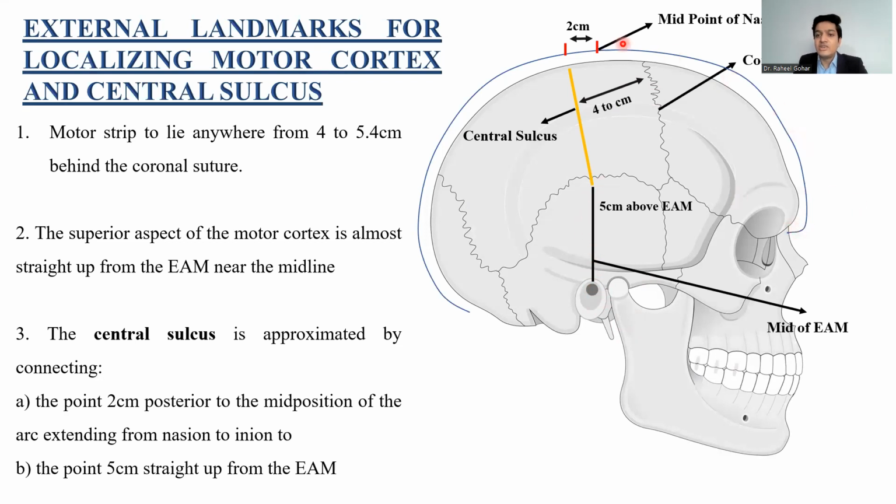Then divide the nasion-inion line into 50-50%. So this is the midpoint of the nasion-inion line, and from 2 cm behind this point, start to draw a line and join it with this 5 cm line above the external auditory meatus. This line here, which is shown in the yellow color, is actually representing the central sulcus.